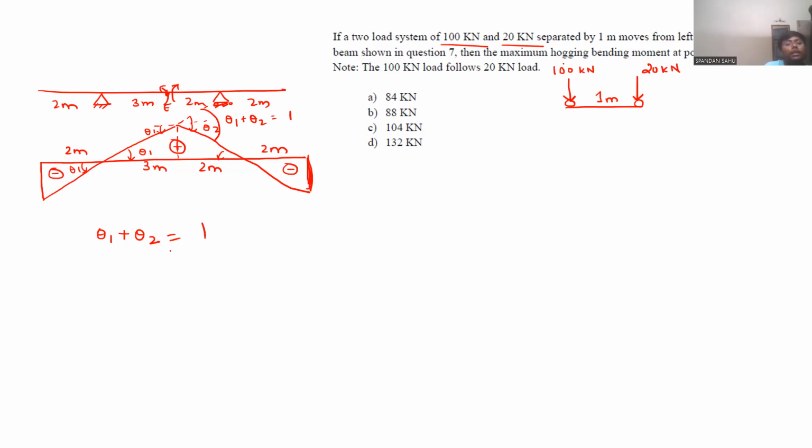Now check, theta 1 will be this height. Suppose this height is x. x by 3 plus theta 2, which will be x by 2, should be equal to 1. So take LCM, this will be 5x equal to 6, so x will be 6 by 5. So this ordinate is 6 by 5.